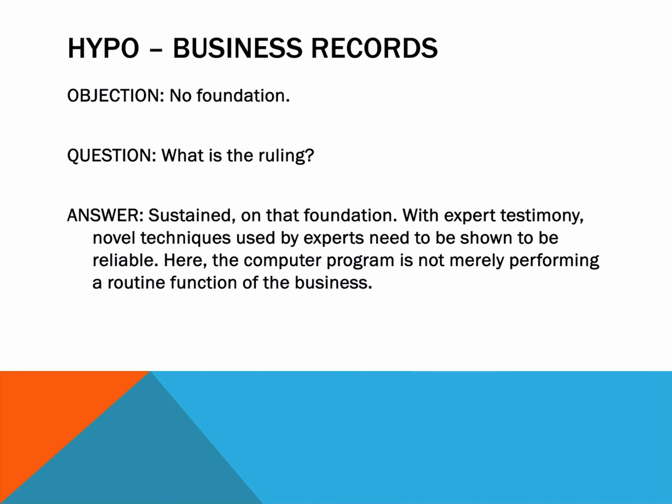And so you essentially now have expert testimony. This is some new novel technique that a judge isn't going to know about, the jury's not going to know about, and it's not the same as just records showing payments received. It goes beyond that. And so you would then need to show more foundation of why that technique or new process is accurate, and why a jury should believe it.